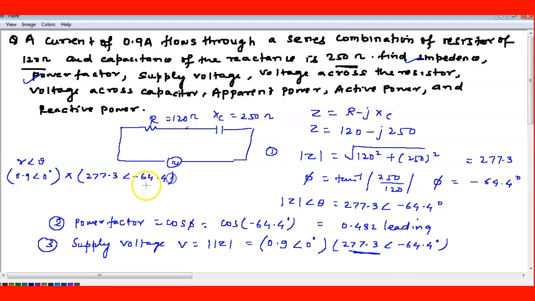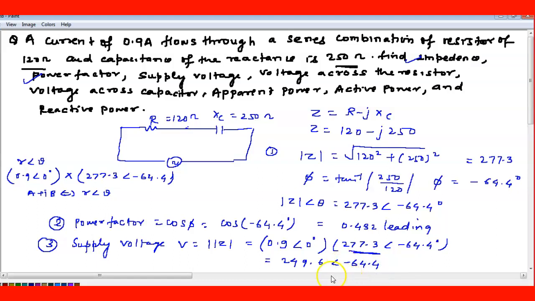If you do this, it will come in the form a plus ib. Again, if you convert with the options, R and theta, you will get it in the argument form. We will get 249.6, and the angle is minus 64.4.